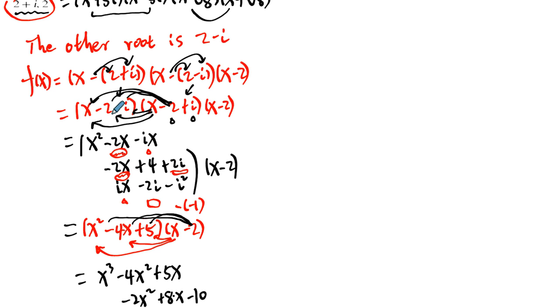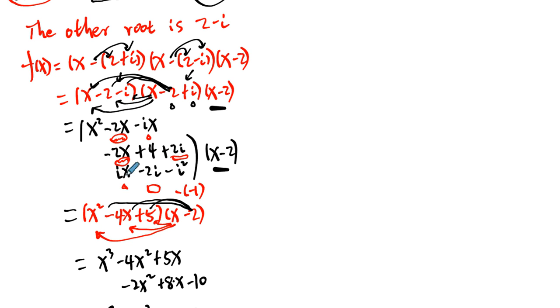Negative 2 times negative 2, positive 2. Negative 2 times negative I, positive 2i. I times every term at the front. I times x, ix. I times negative 2, negative 2i. Positive I times negative I is negative I squared. Copy this one down to here.